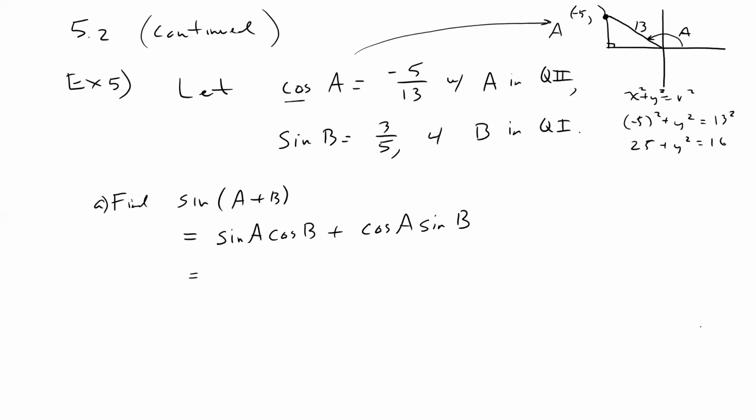Almost done. 169, subtract 25 from 169 and you get 144. And the answer is 12. Technically, we should put plus or minus 12 in here, and then from that we go back up here and take the positive 12. Cool. Okay, now the question is, what is sine of A?